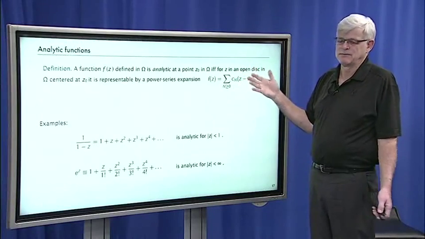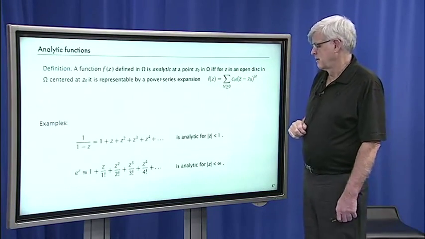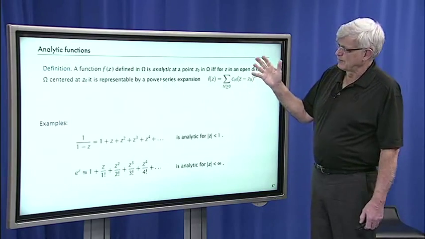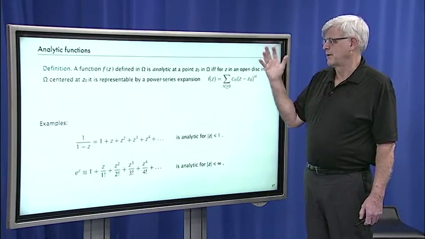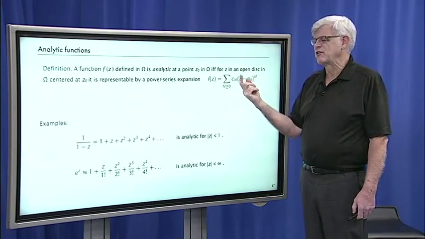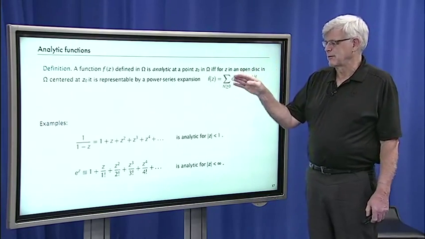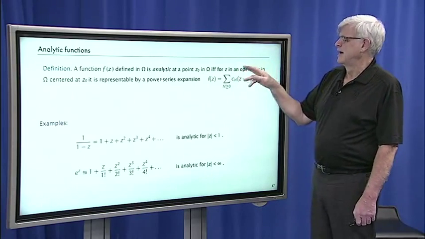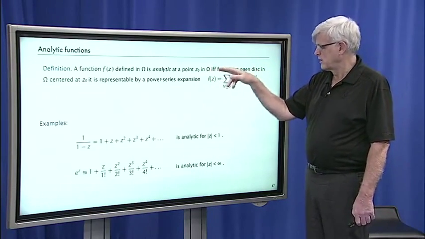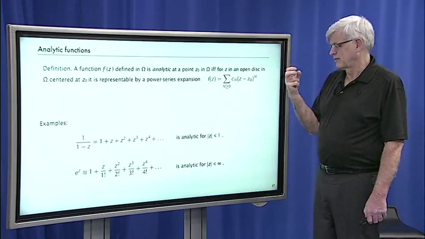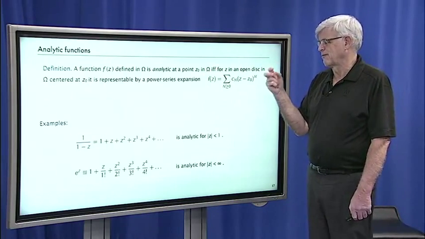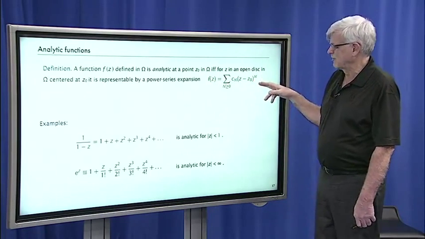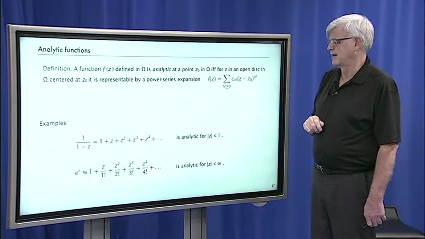We have the same concept in the reals with Taylor series and so forth. So we talk about omega being a region in the plane, and a function being defined in a region of the plane, and it's analytic at some point in that region if for some little circle around that point, you can write a power series expansion of the function.